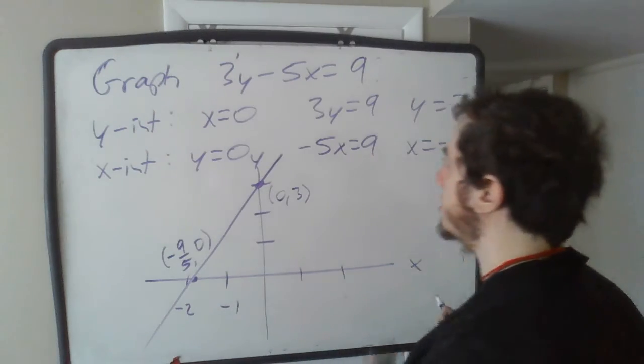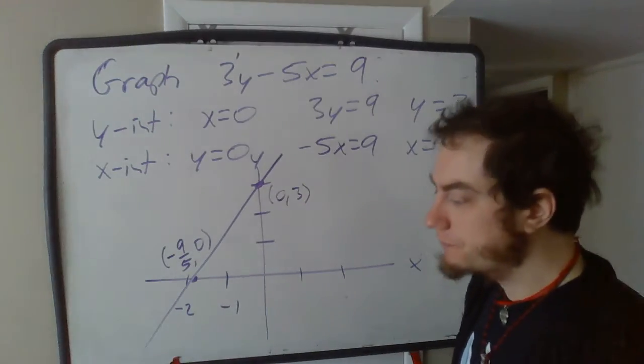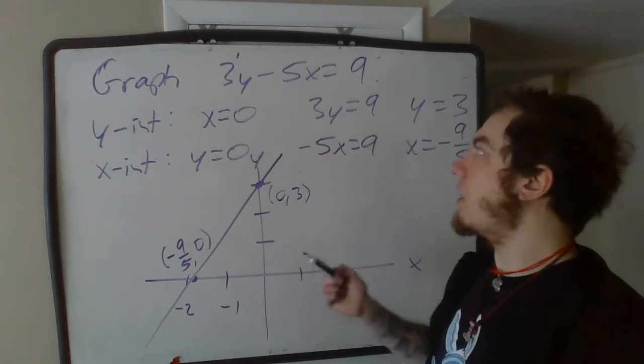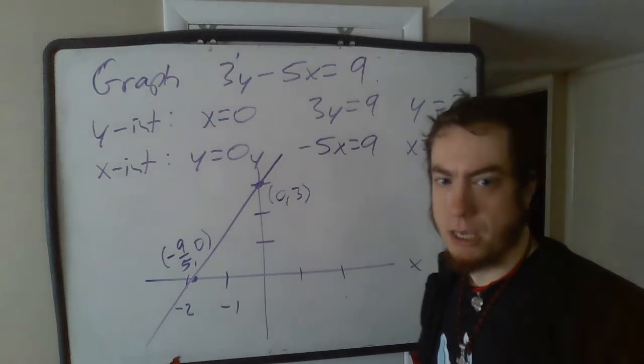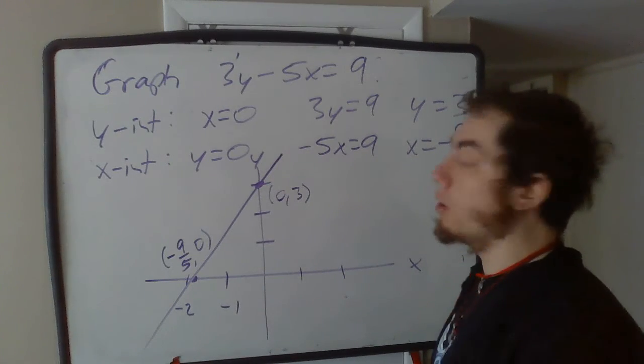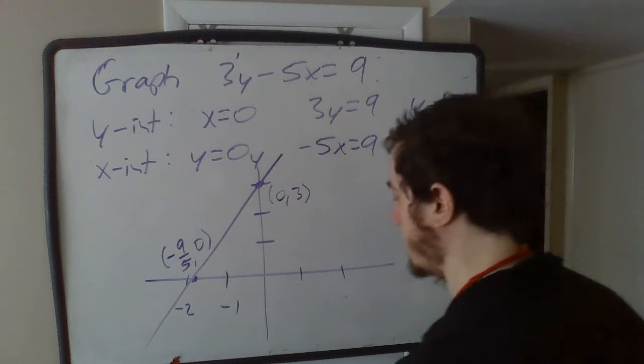And in that case, you can't use this method. So that is one downside to using the x and the y-intercept method. The other downside is simply that it's not always the most convenient method to use.